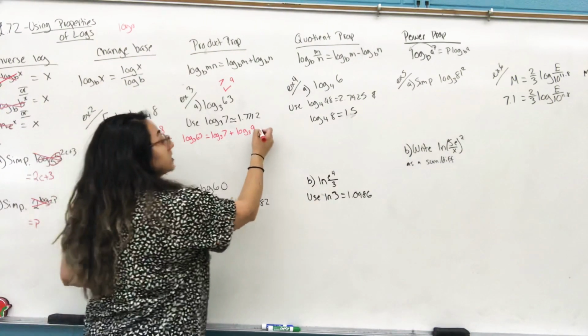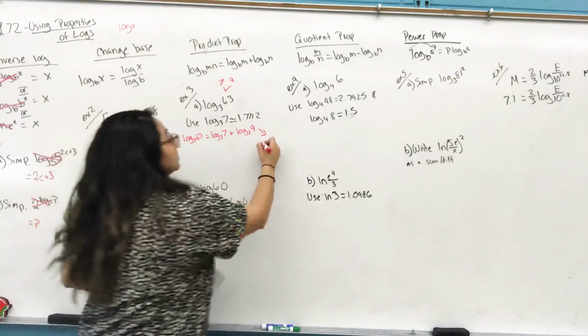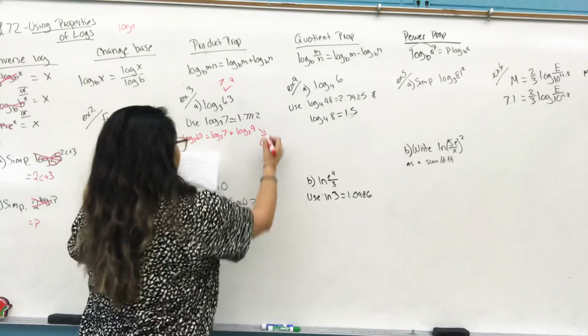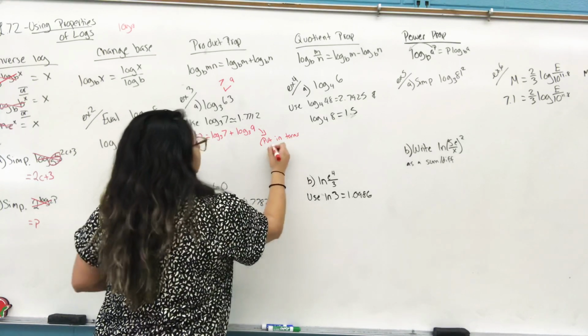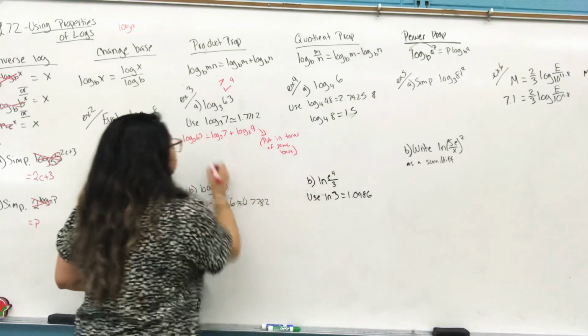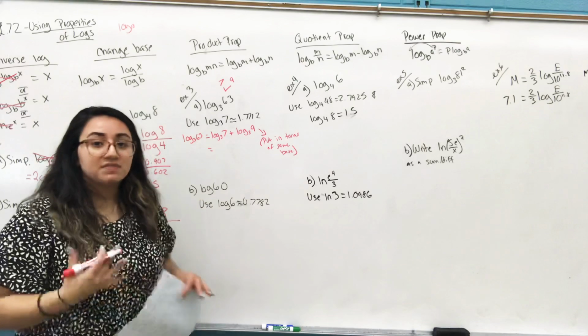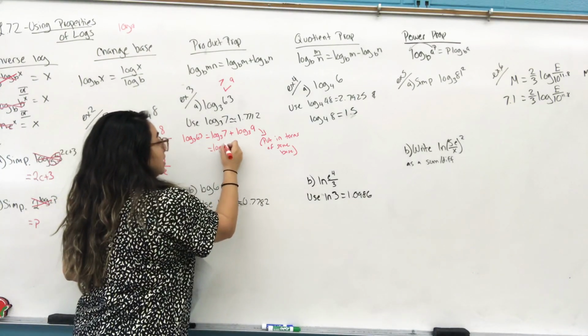We can convert this 9 in terms of a 3. Put it in terms of the same base. So we have to think outside our box. For 7, you can't find any other factors of 7. So it's going to be log base 3 of 7.